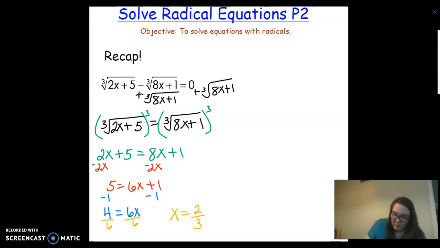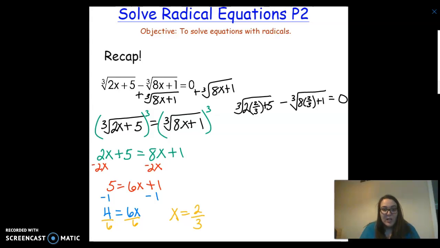So, checking: cube root of 2 times 2/3 plus 5 minus, going back to the original, the cube root of 8 times 2/3 plus 1 equals 0. 2 times 2/3 is 4 over 3. Then I'm going to add a 5.